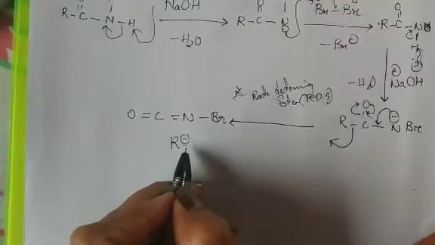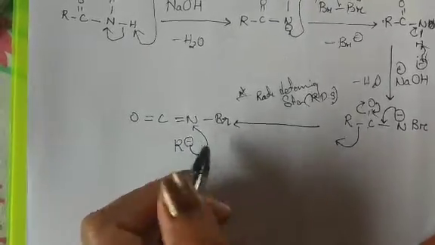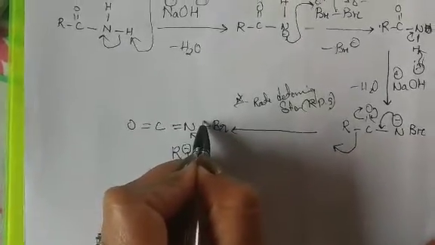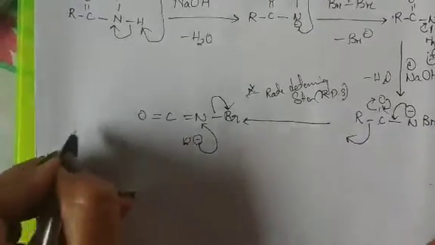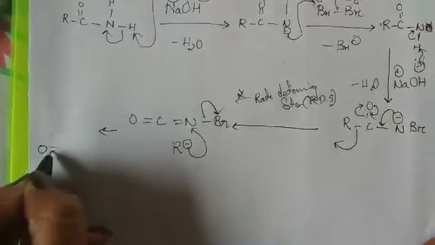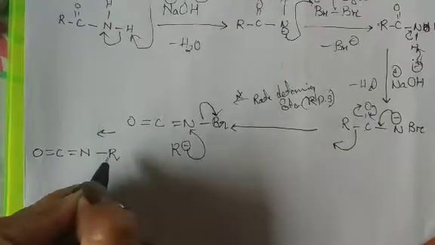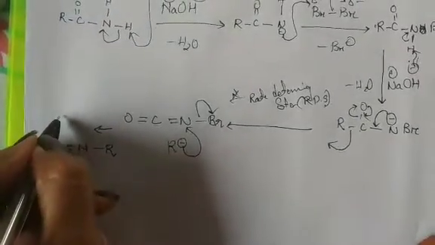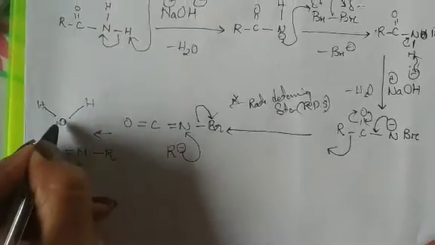Now this R minus goes to this nitrogen atom, and then the bromine along with the bonding electron pair leaves. Now therefore we would be getting here O double bond C double bond N R. Now hydrolysis takes place. Now let us write here the water molecule.